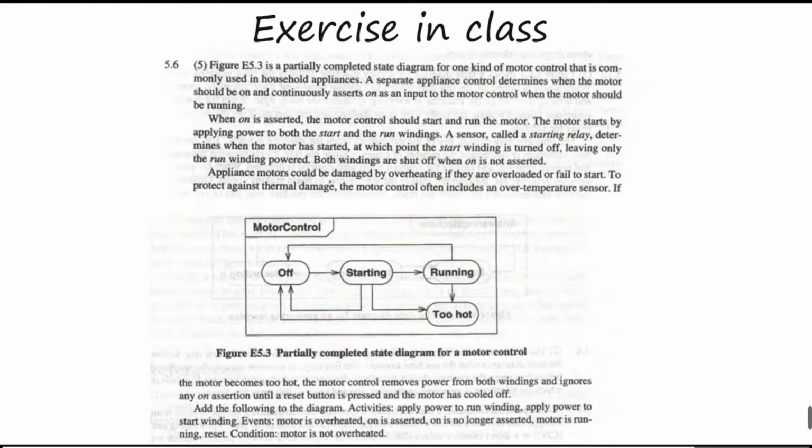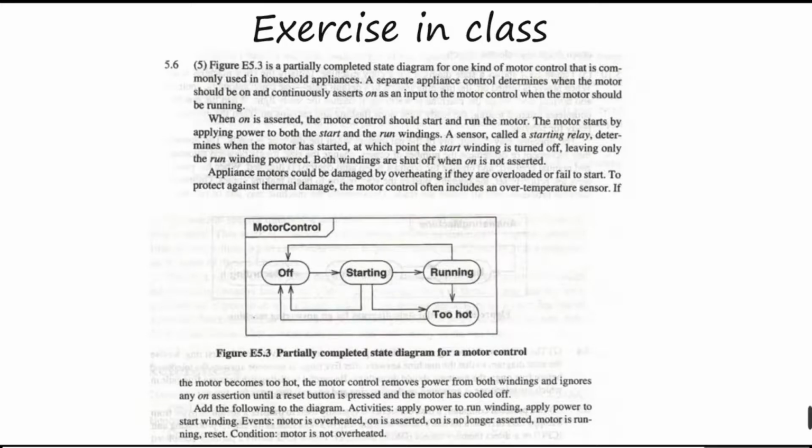Only after a reset button is pressed, it means you need to reset. But if you reset, it will change to the normal state only when the temperature is not too hot. If it is too hot, even if you press the reset button, it will not work.